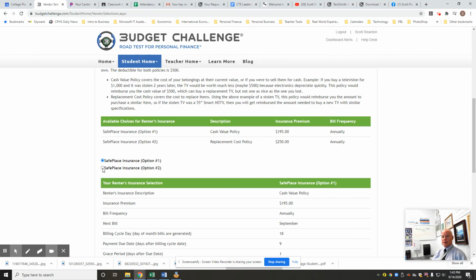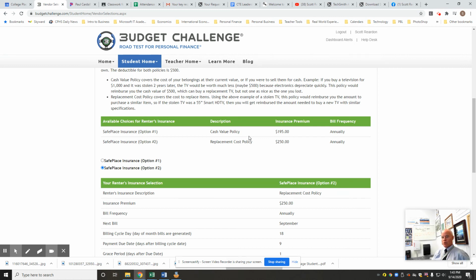Replacement cost means that whatever it takes to get that same computer back in your hands, if it's $1,000, if it's $800, whatever it costs to get a new computer to replace it, that's what you get. So big difference between cash value, what it's worth in reduced value, and replacement, putting the same thing back in your hand.